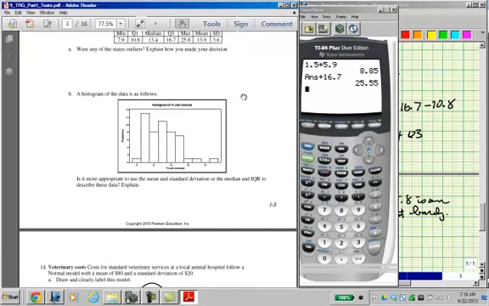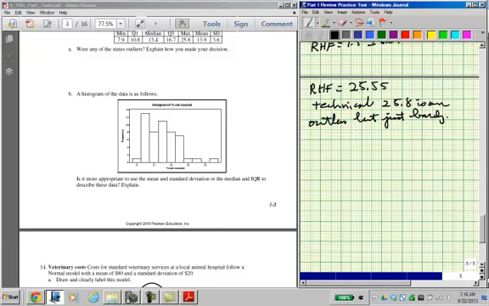Now here's the histogram. Here's the histogram of the data. Is it more appropriate to use the mean and standard deviation or the median and IQR to describe it? Well, let's talk about the distribution.